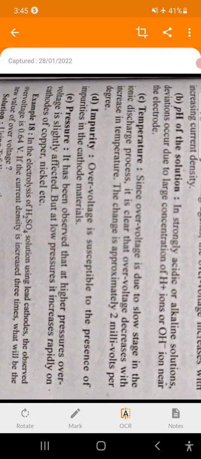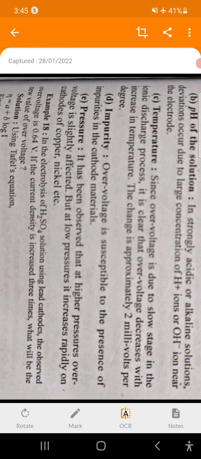Then the next factor is temperature. Overvoltage is due to the slow ionic discharge process, and overvoltage decreases with increase in temperature. That is inversely related. Overvoltage is inversely proportional to temperature.